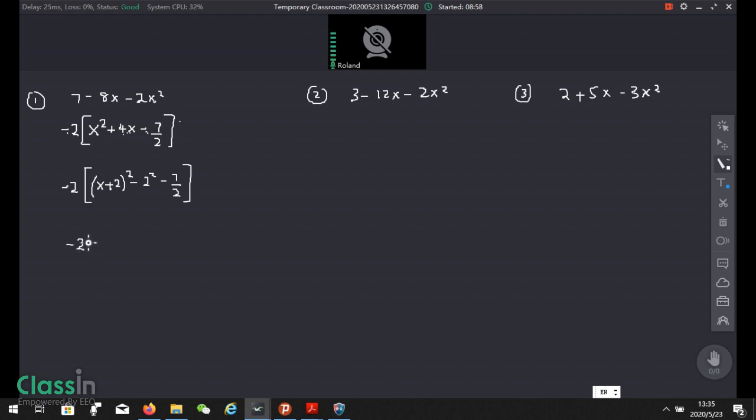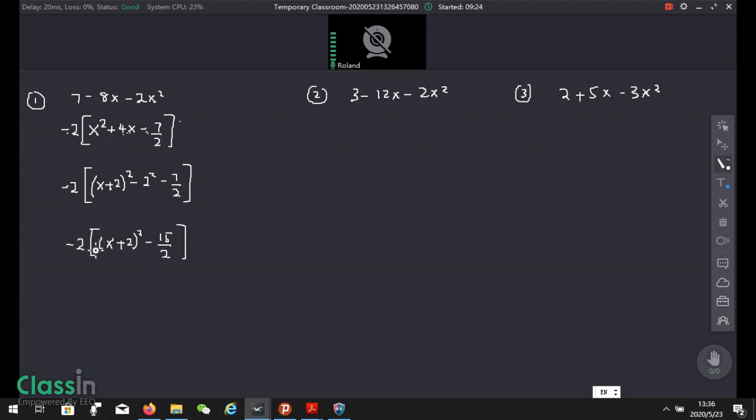Negative 2 is still out. So x plus 2 all squared, minus 2 squared, which is negative 4, minus 7 over 2, will give us negative 15 over 2.